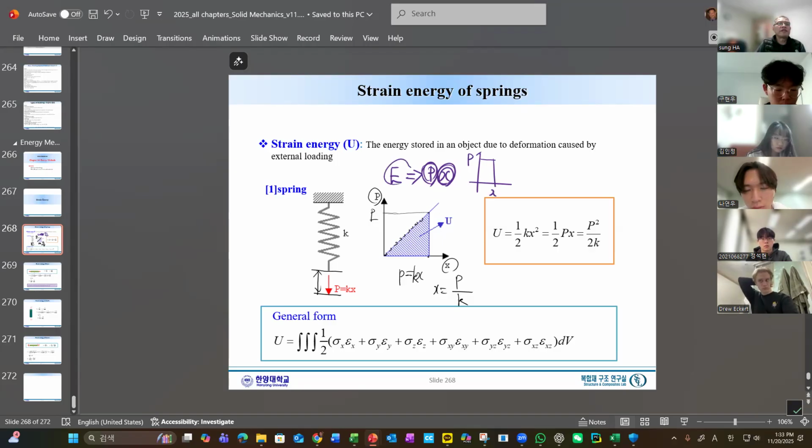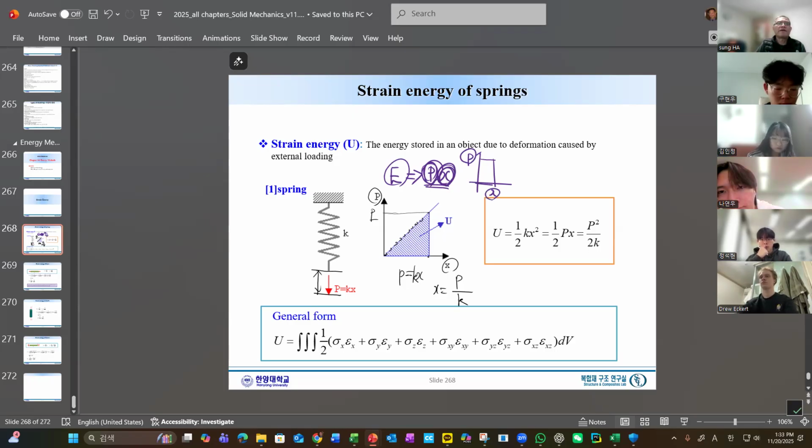I don't need to further explain the energy. When we have a force P and move by distance x, this is the energy, P times x, right? That's the energy. But in this case, pay attention that P is kept constant and then moved a distance x, right?